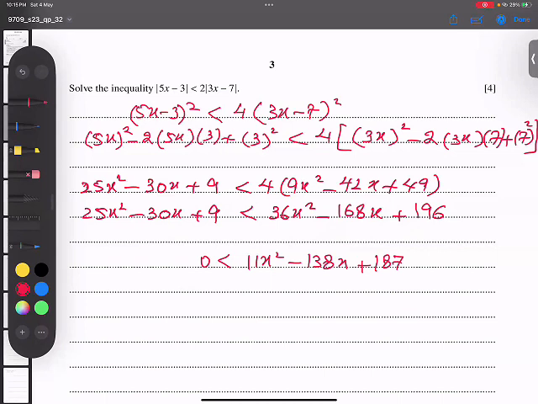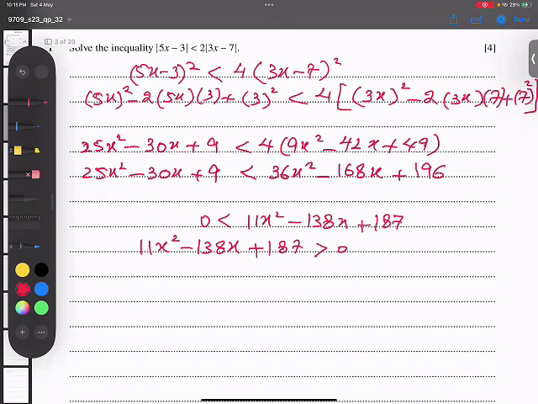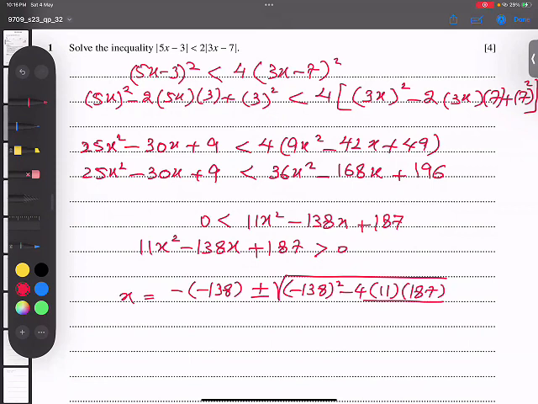Okay. So, you know, the inequality face is open from here. So you write it like this, or you flip the whole equation. No problem at all. Now I have a choice. I can apply the quadratic formula, negative b plus and minus the square root of b squared minus 4a into c, over 2a.